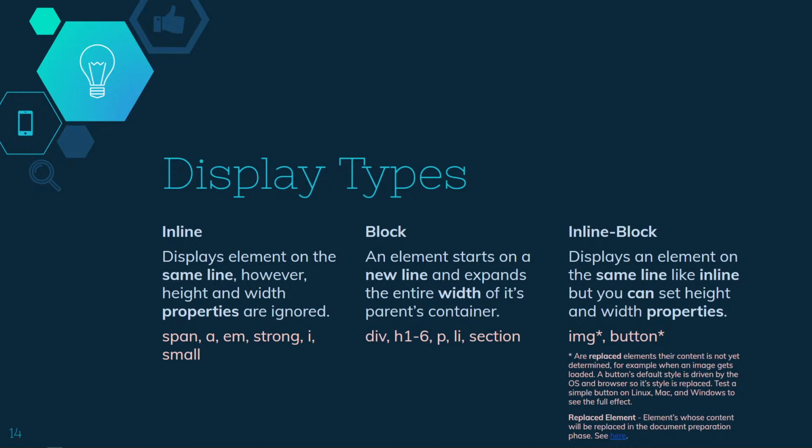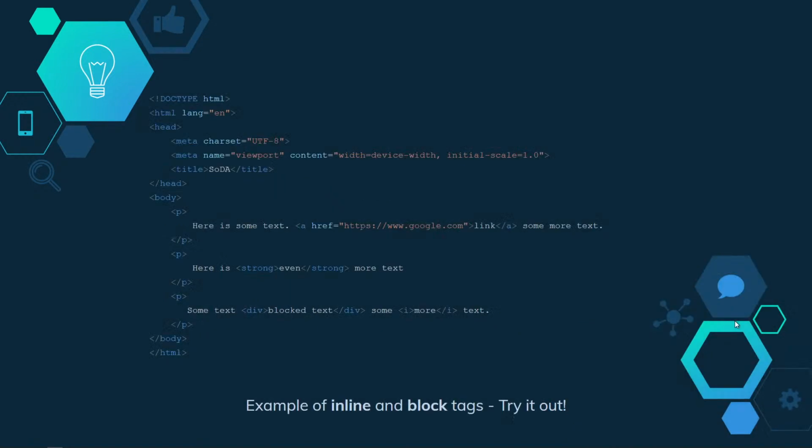That'll cause it to be on the same line, but you can also change the width and the height. Examples of these are images and buttons. I have something to read here about how images and buttons are actually rendered, so you can come back to these slides and read this specific part.